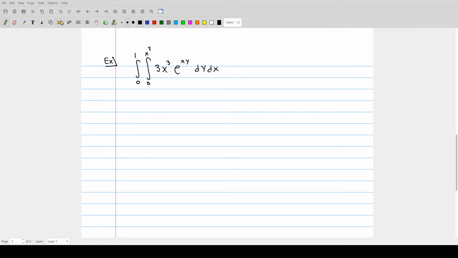You always want to draw a picture. And we're going to see that's even more important when we start talking about how to change the order of integration for multiple integrals. So what is this domain? This domain is saying go from 0 to 1 in x. Then as x goes from 0 to 1, the lower boundary in y is 0, so it's just the x-axis. And the upper boundary in y is the function y equals x squared.